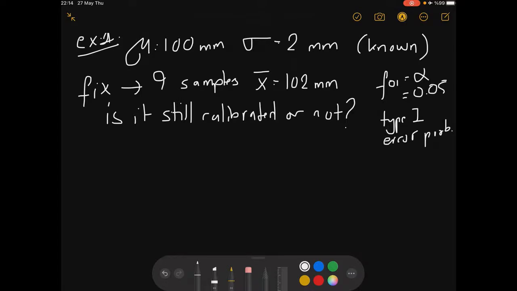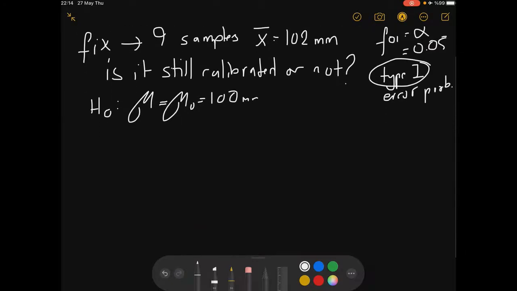So what was type 1 error? Rejecting H0, when in fact it is true. So build your hypothesis, null hypothesis first. You remember those steps. H0 is mu equals mu0, which is 100 millimeters.